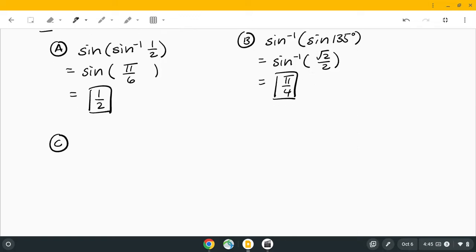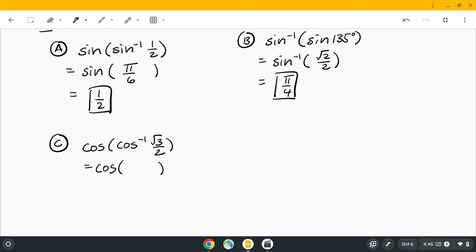And let's take a look at this one. Let's do cosine of cosine inverse of square root 3 over 2. Again, all the inverses are angles. So this here is an angle answer. That's why I'm able to take the cosine of cosine inverse. All right, so let's start on the inside first.